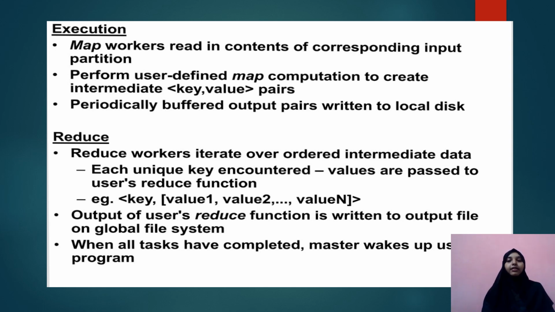For each unique key encountered, values are passed to user's reduce function. Example, the key has value 1, value 2 until value n. Output of the user reduce function is written to output file on global file system. When all tasks have completed, master wakes up and the program returns.